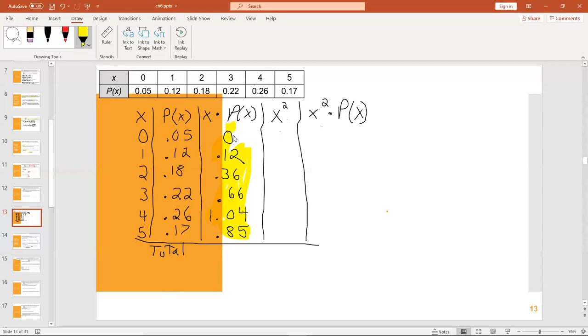So 0 plus 0.12 plus 0.36 plus 0.66 plus 1.04 plus 0.85. You add all that up, you get 3.03. And let's get out a highlighter here. There's 3.03.